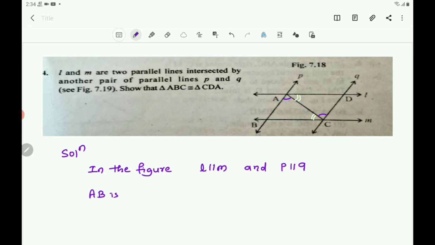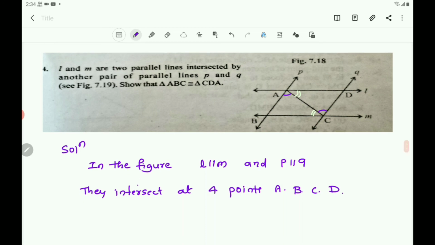Before that you write here, they intersect at 4 points A, B, C and D.